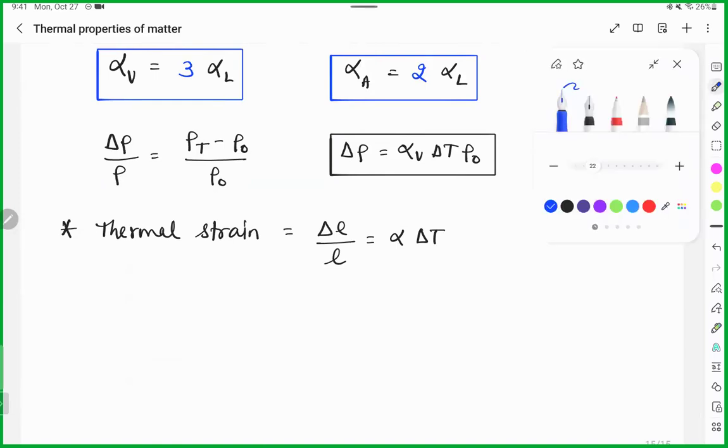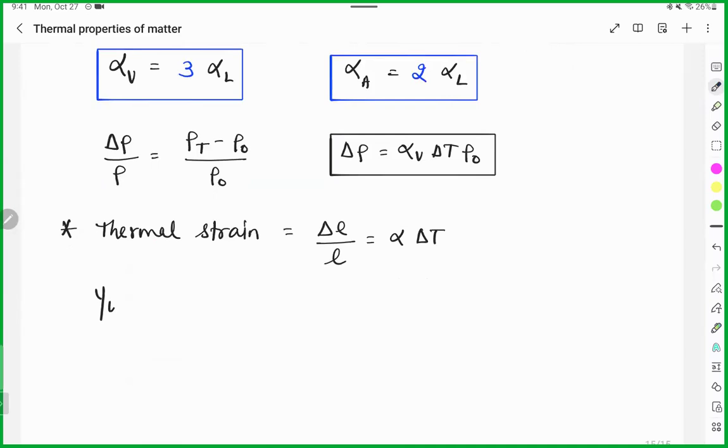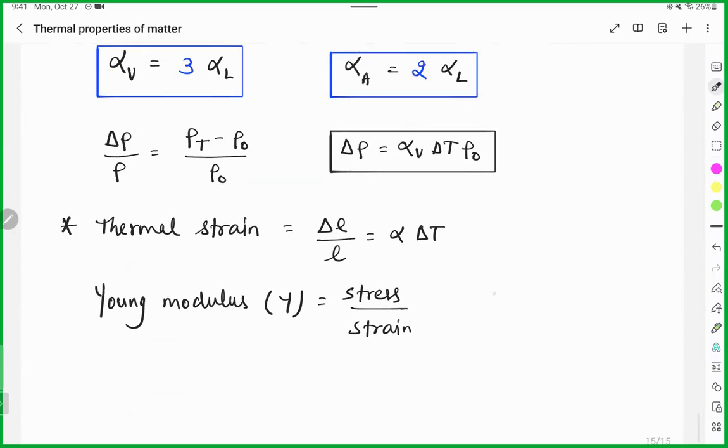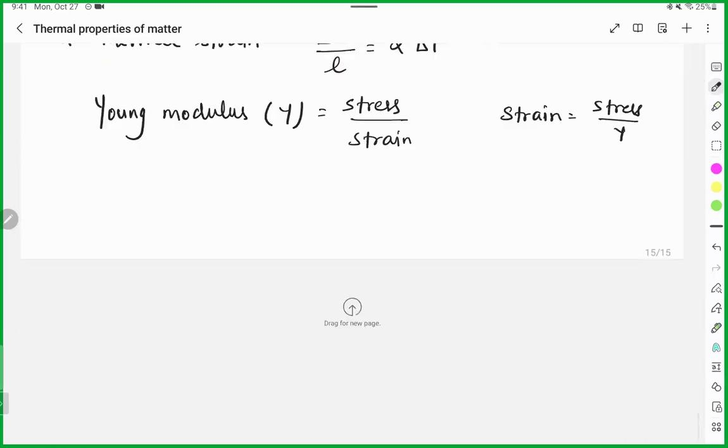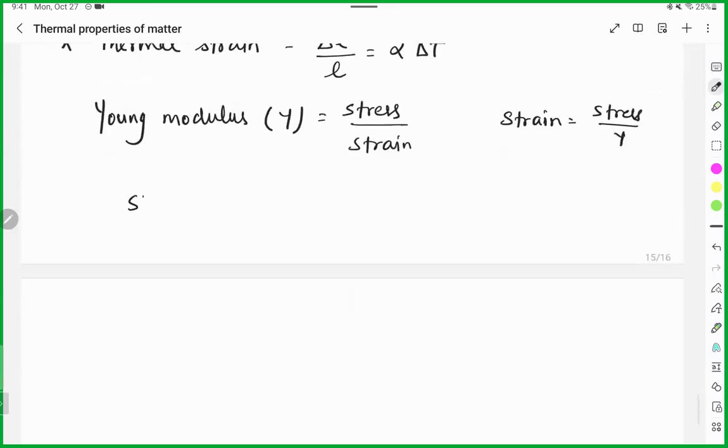And what is the formula of Young modulus, Anvita? If you are taking strain, strain will be equal to stress upon Y, or if stress is asked, it will be Y into strain.